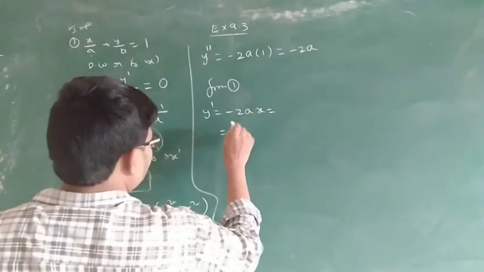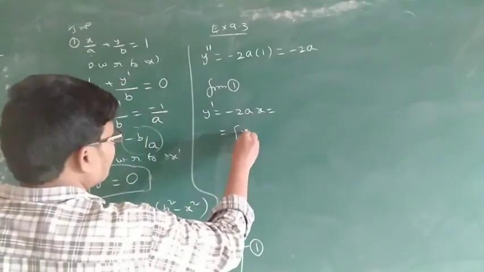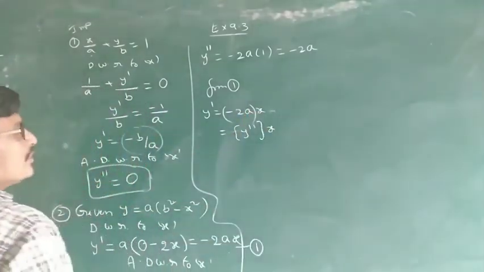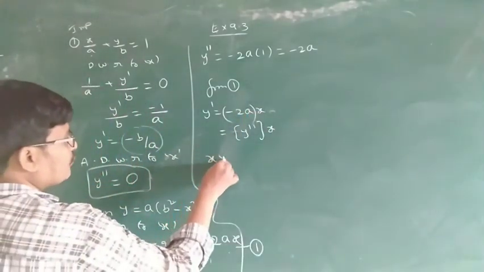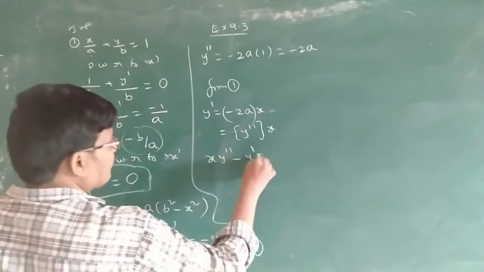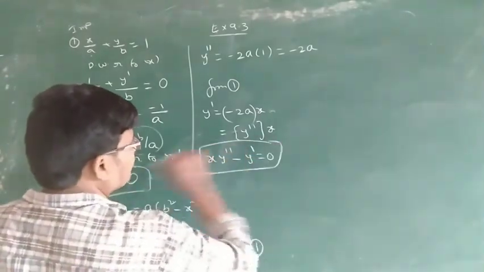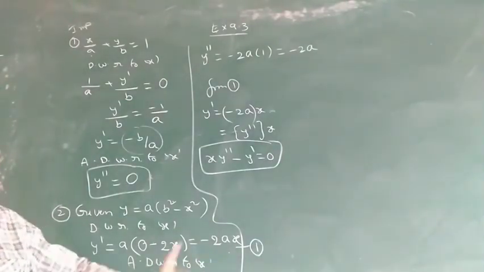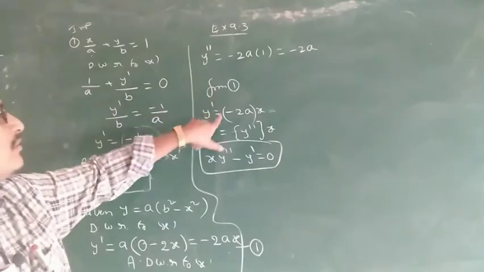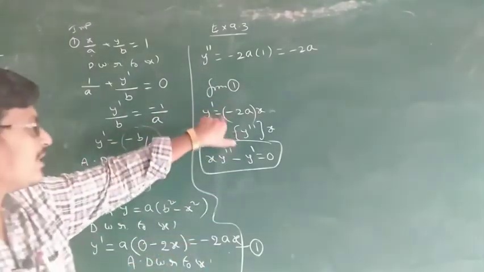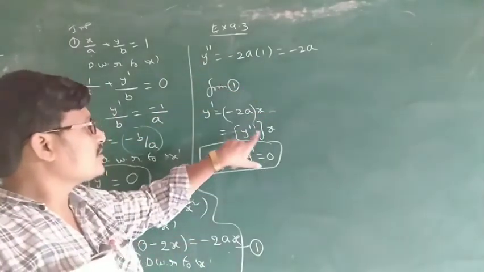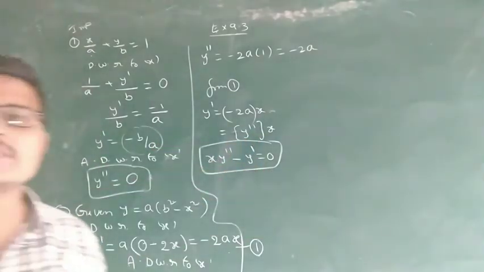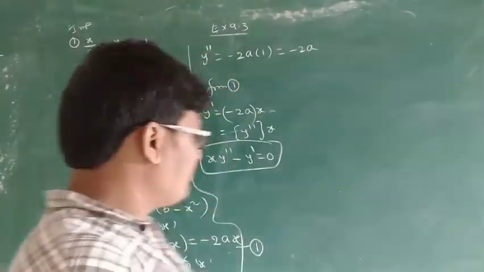From the second derivative, minus 2a is equal to y double dash. Substitute the minus 2a value in equation 1. So minus 2a is equal to y double dash, and finally x into y double dash minus y dash is equal to 0.